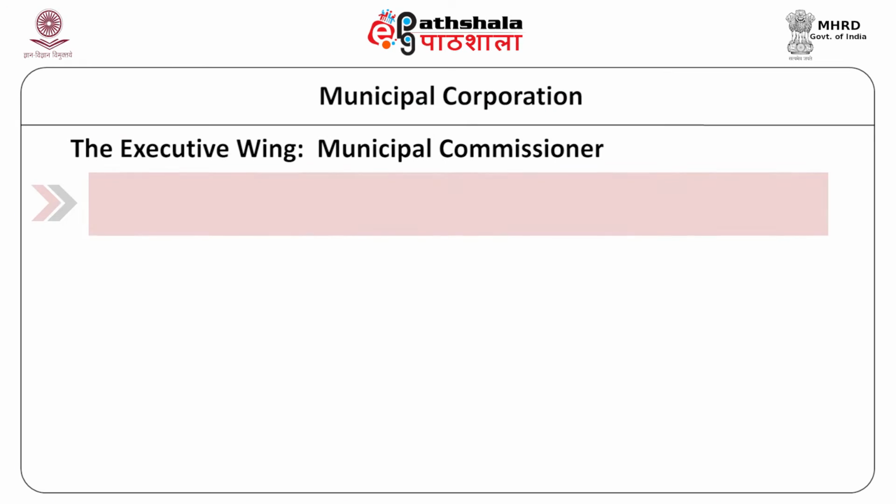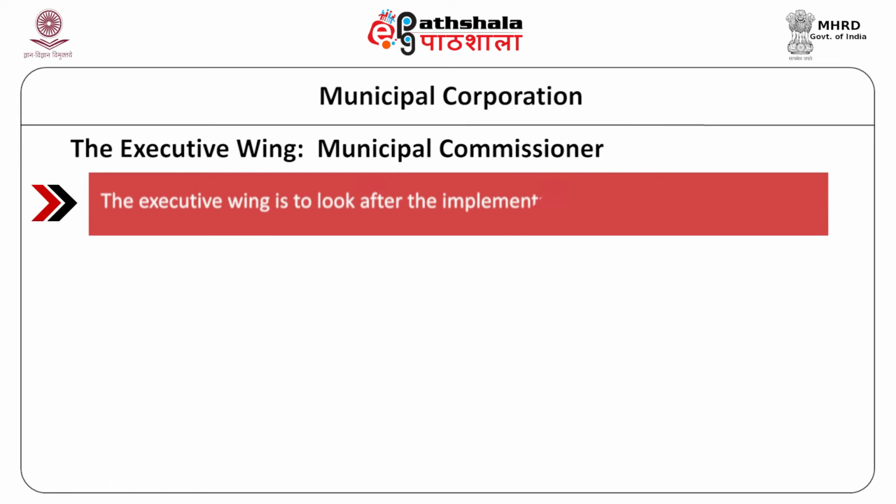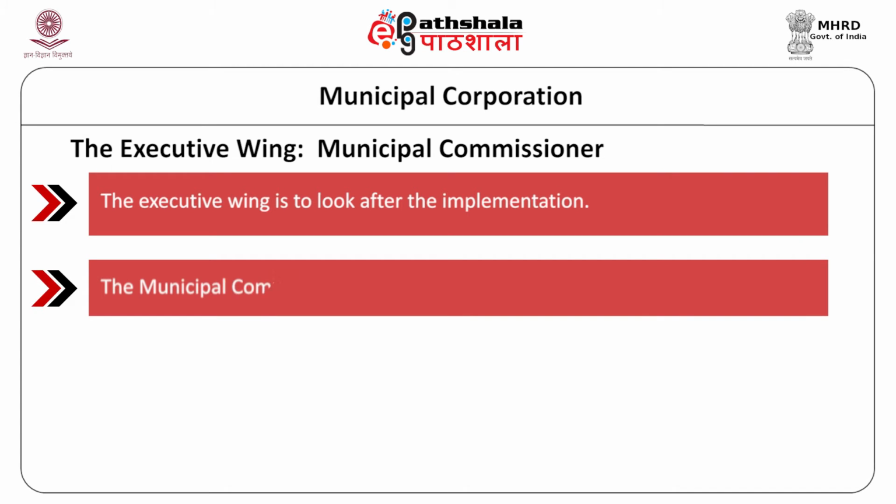Let us now discuss the executive wing of the municipal corporation. The executive wing looks after the implementation of the resolutions and the bylaws passed by the Corporation's Council. A municipal commissioner heads the executive wing of the municipal corporation.